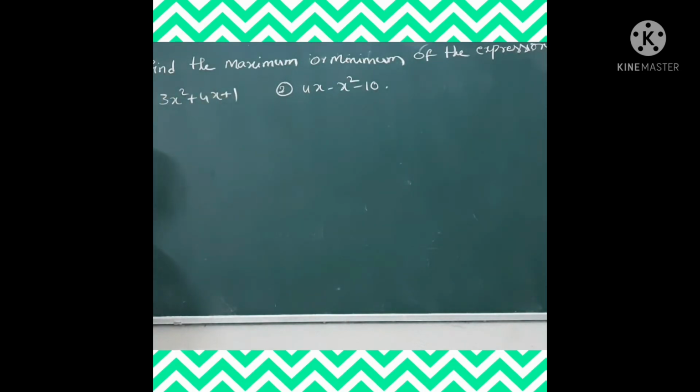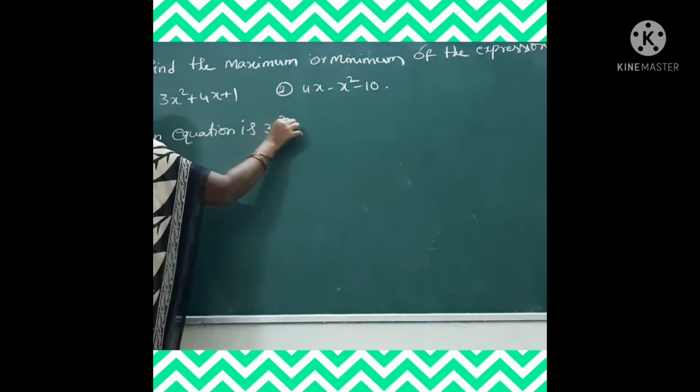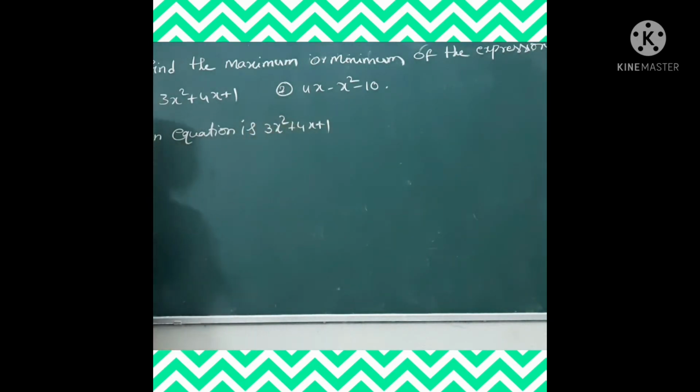Okay, what we think about first one, that is the maximum or minimum. See here first one is the coefficient of x square. Solution: first one is, given equation is 3x square plus 4x plus 1. Okay, here we first observe the x square coefficient.